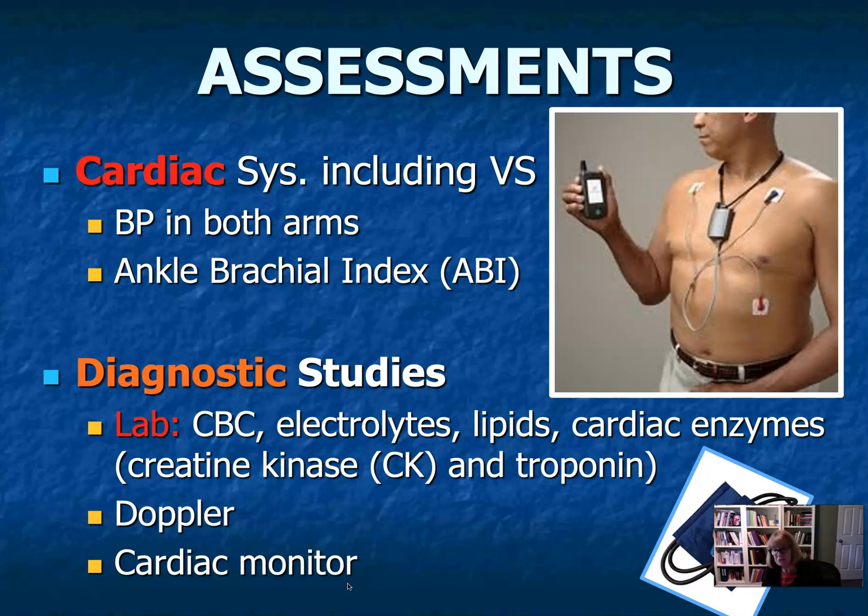So you get 120, 130, and 125. The average, 125. You get that. Then we're going to divide it by the average of 3 systolic pressures of the upper extremity. All right.